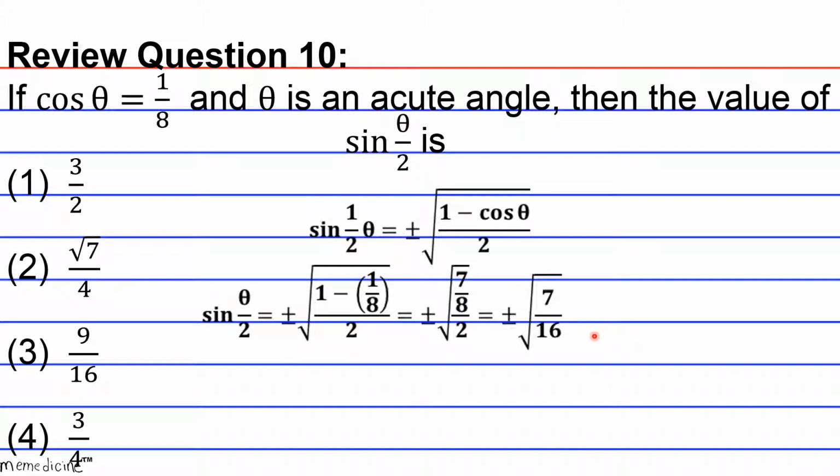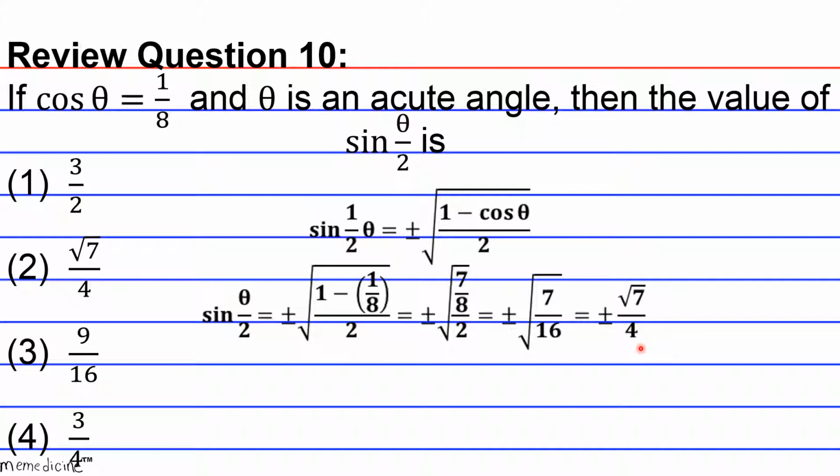When you multiply 2 times 8 in the denominator, you end up with 16. This can be simplified again to plus or minus radical 7 over 4, because 16 is a perfect square and conveniently simplifies to 4.